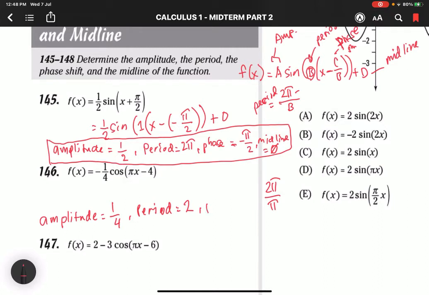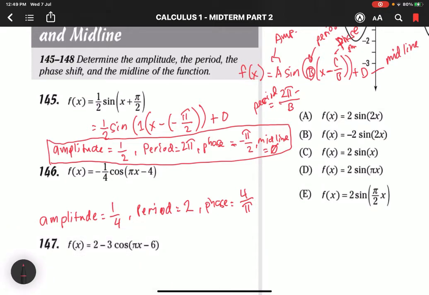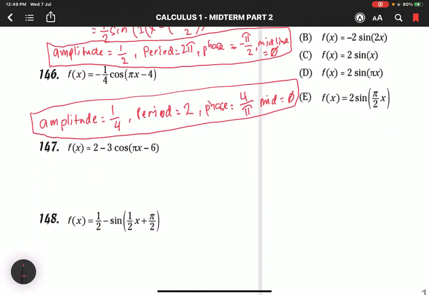Phase shift is equal to 4 over pi. And then again, yung midline natin ay 0. Midline equals 0. So, ito yung ating sagot for number 146.